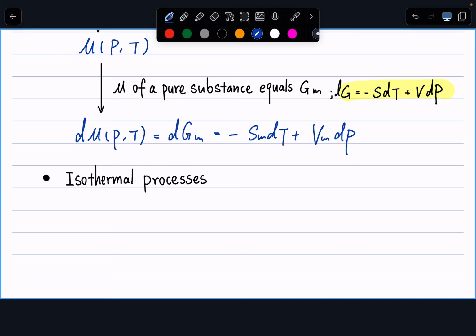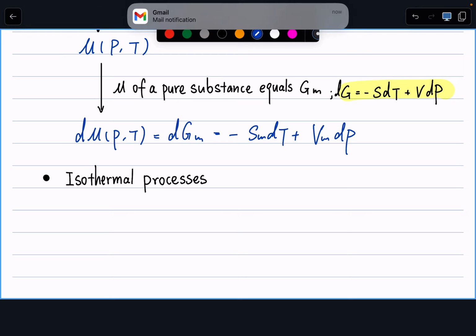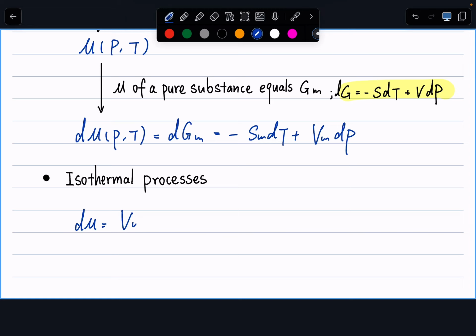So for an isothermal process, we can further solve our d mu, the infinitesimal change of my chemical potential, to be d mu equals Vm dP, right? For isothermal processes, my dT equals 0.